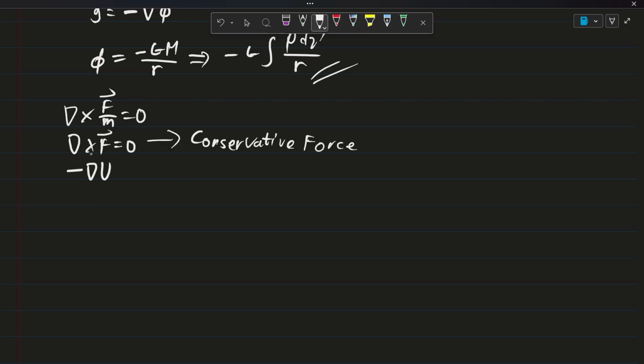So notice here that this F vector is negative gradient of U, but this is also m g vector, or negative m gradient of phi. Now you see here that U is m phi. This is basically the relationship between the potential energy and the gravitational potential. It only has this dependence on m. This is like the energy for, let's say, the electric field.